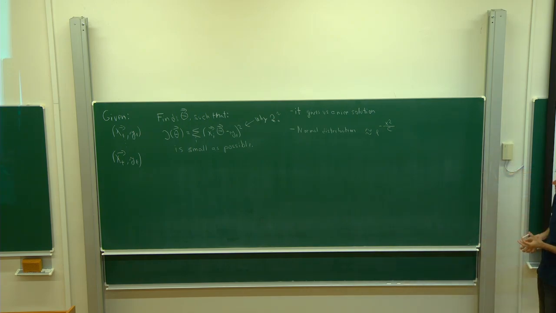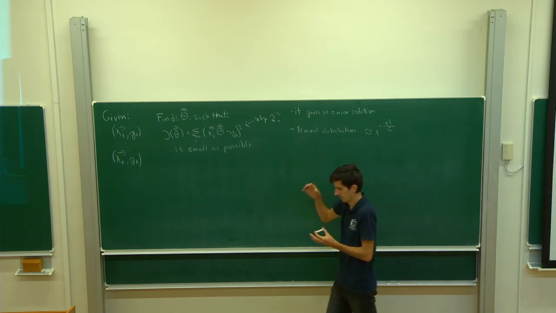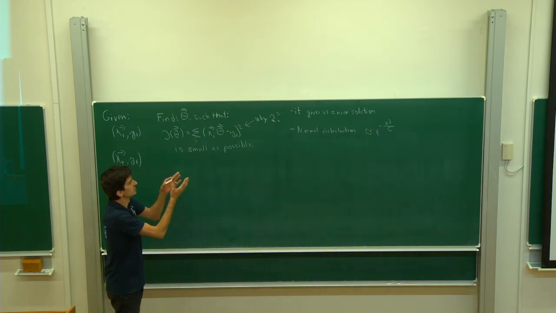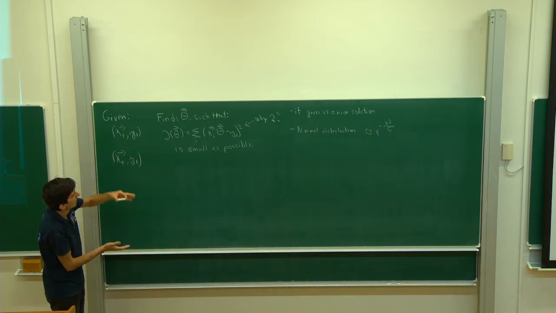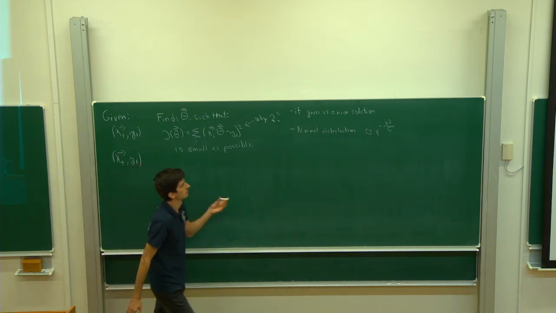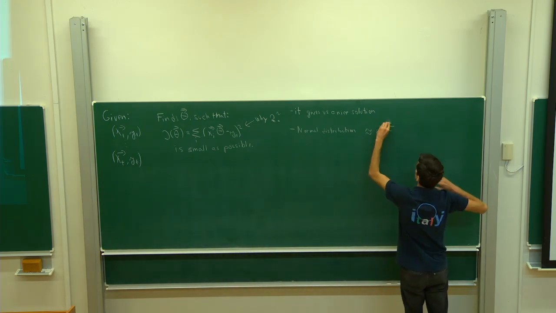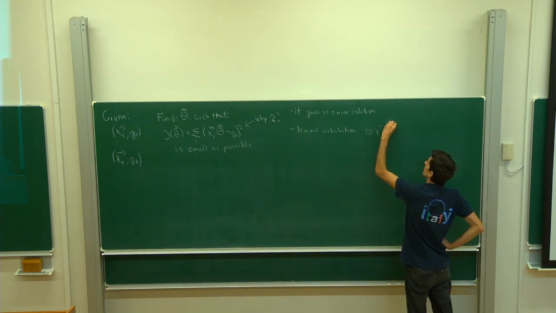It gives you some kind of probability of the output. So you have a normal distribution centered somewhere, around some mean here.